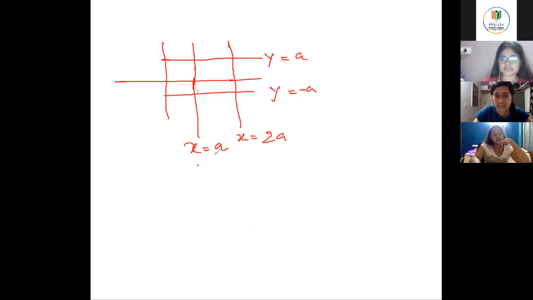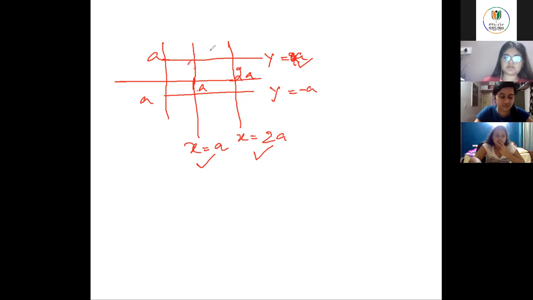So this is x is equal to a, this is x is equal to 2a, and this is y is equal to a and y is equal to minus a. These are the lines given in the question. Now, the question is asking the circumcircle.